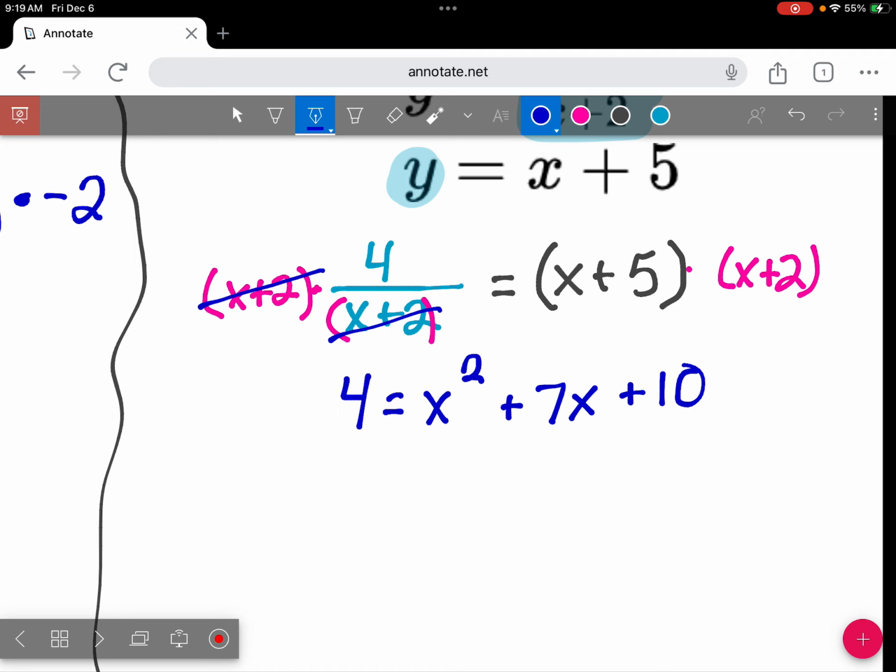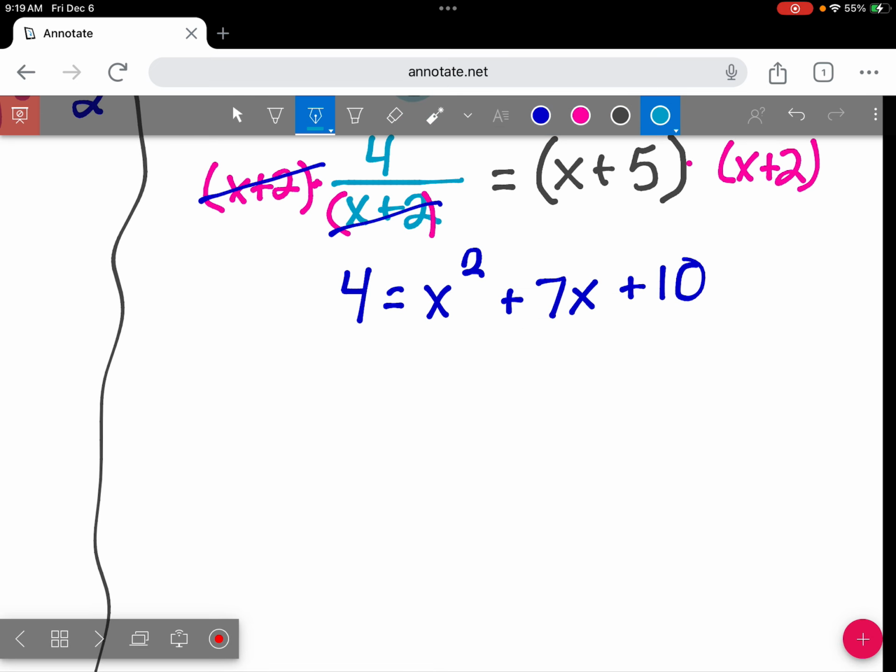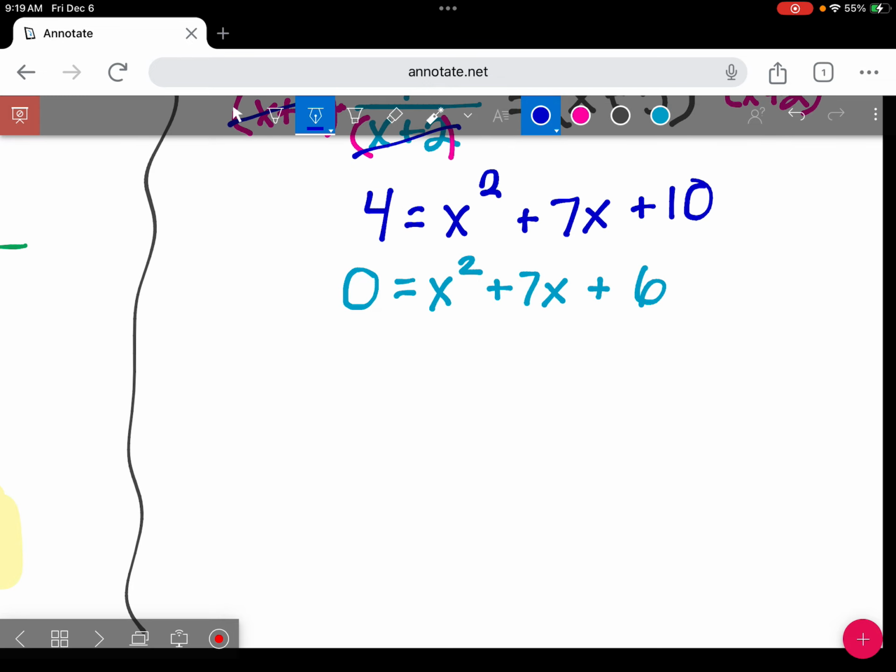Then what? Subtract the 4. We need it set equal to 0. It's a quadratic. So we get our x squared plus 7x plus 6. What next?